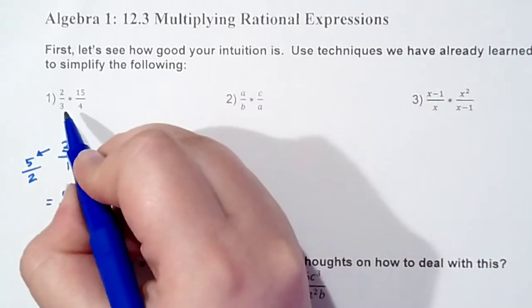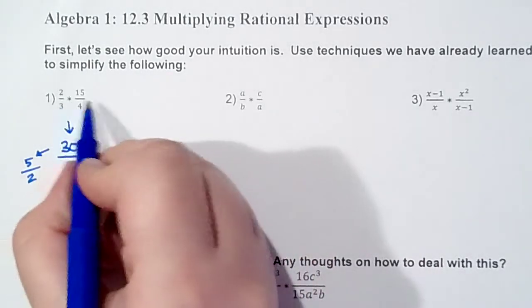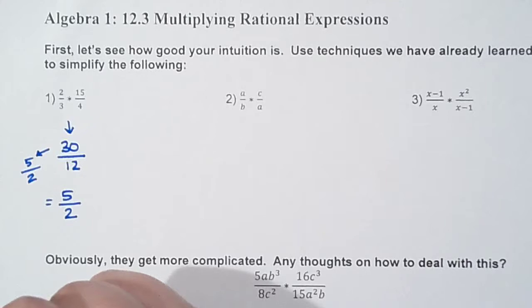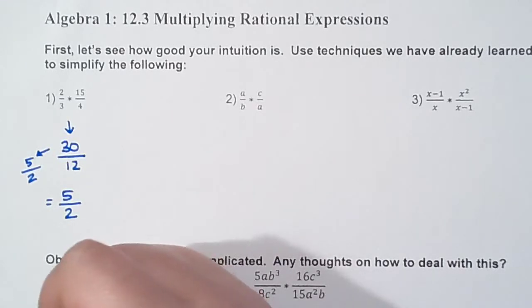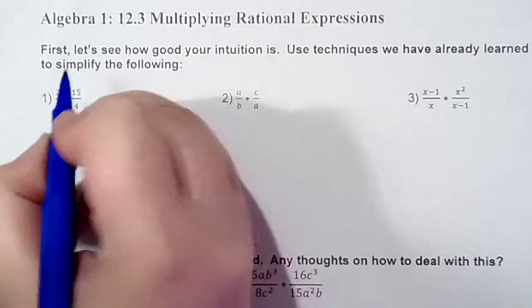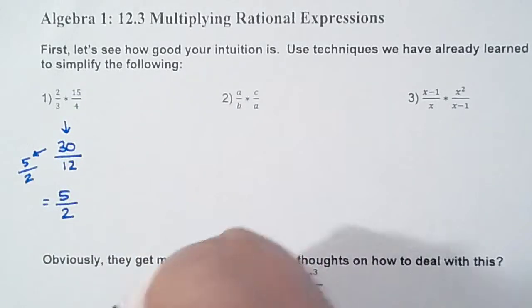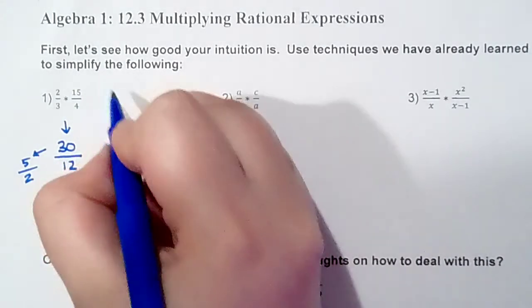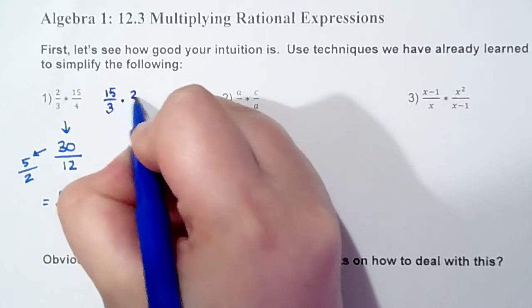If we go back up to the original problem, one thing that I really like is because multiplication happens in any order, I can move around numbers as long as I stay above or below the line. So for example, I could switch this entire problem to be 15 over 3 times 2 over 4.